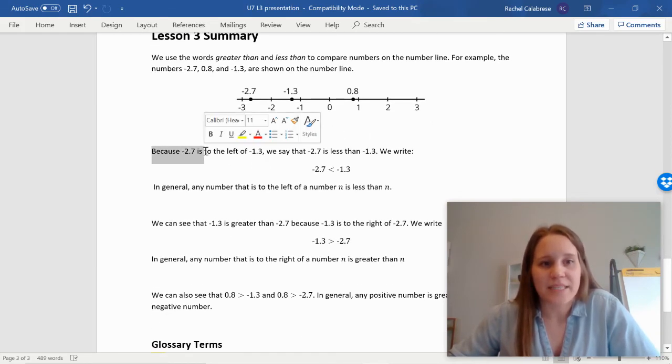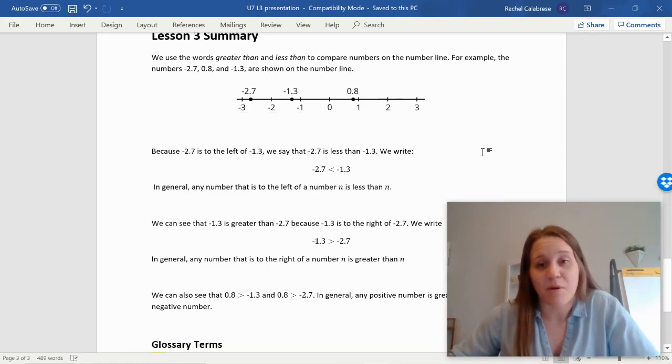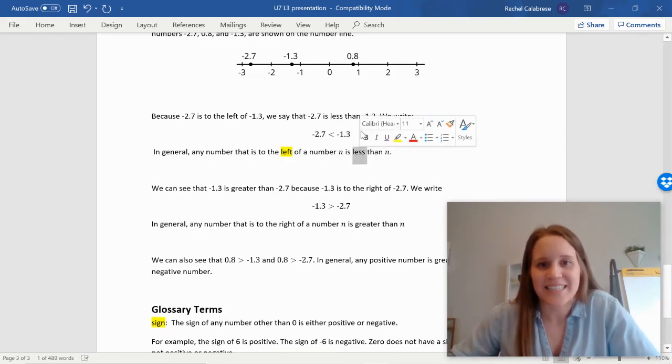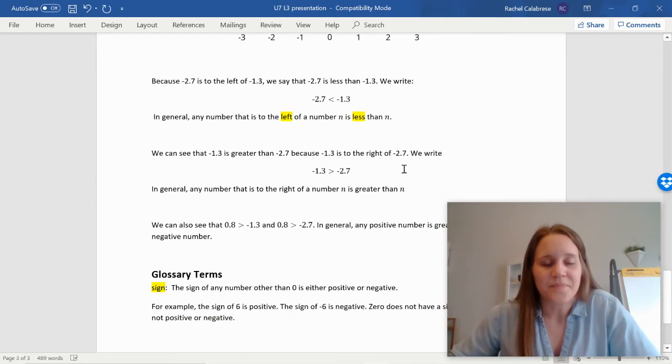Because negative 2.7 is to the left of negative 1.3, we say that negative 2.7 is less than negative 1.3. We write negative 2.7 is less than negative 1.3. In general, any number that is to the left of a number n is less than that number n.